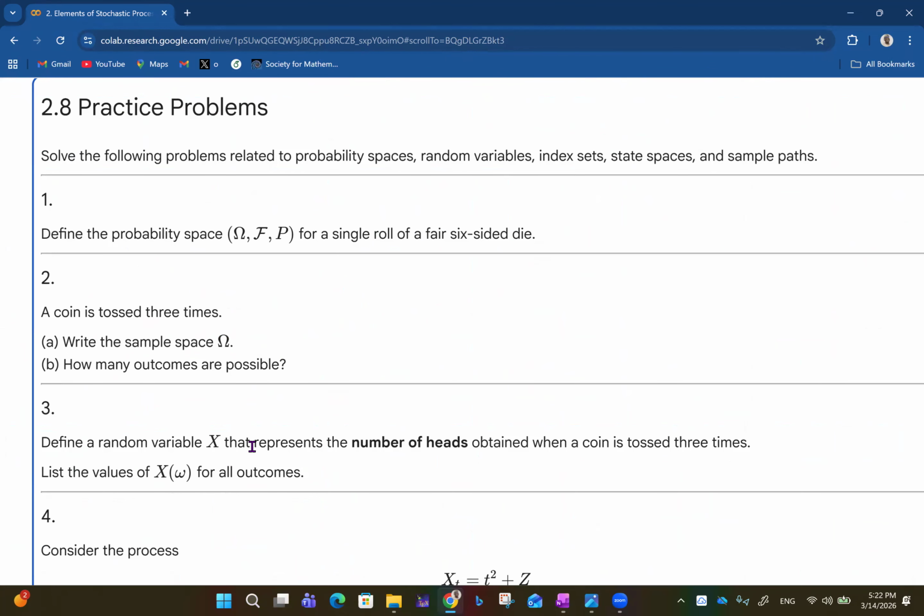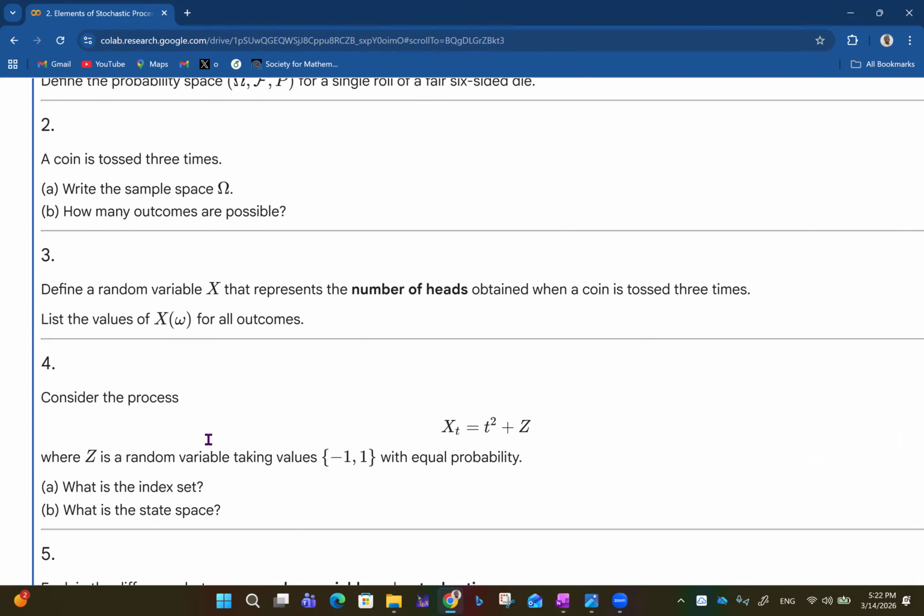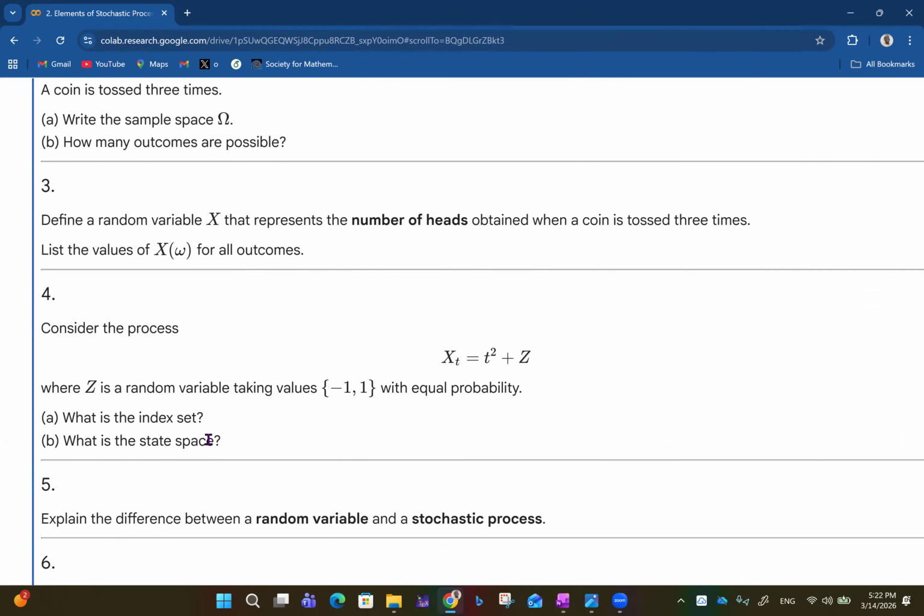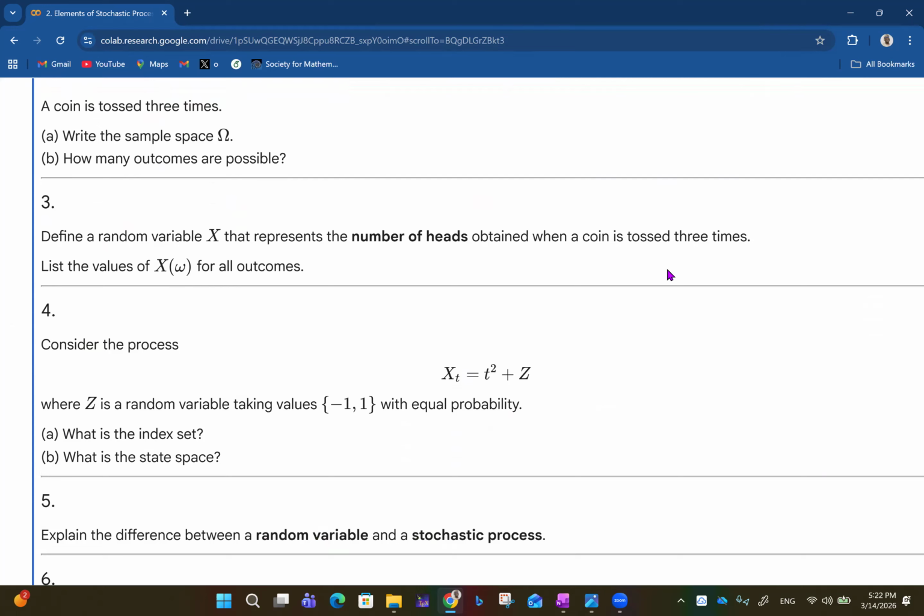Okay. So number 3, define a random variable X that represents the number of heads obtained when a coin is tossed 3 times. Interestingly, we can just follow where I stopped the other time. It's the same question. Write a random variable X that represents the number of heads obtained when a coin is tossed 3 times. So, number of heads obtained.